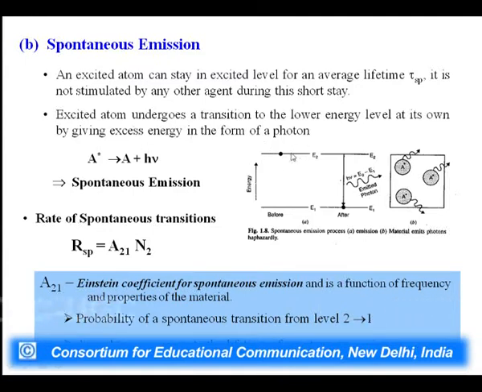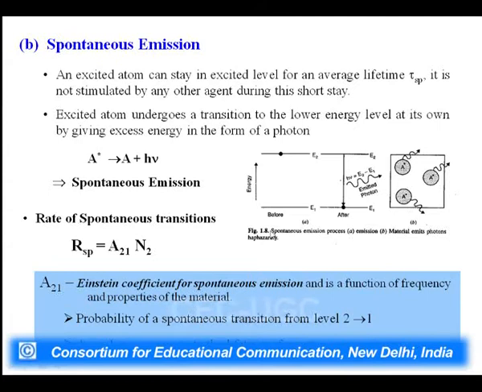The excited atom undergoes a transition to the lower energy level on its own by giving the excess energy in the form of a photon, h nu equal to E2 minus E1. This is the emitted photon. Then A star gives A plus h nu. This is known as spontaneous emission. There is an extra term because it is releasing energy, releasing a photon of h nu.